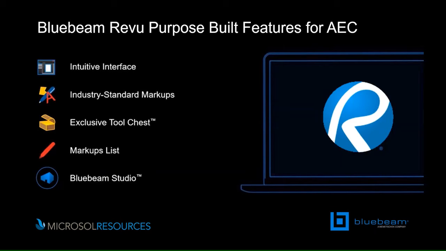Things like itemized takeoffs of plumbing fixtures or electrical equipment, as well as measured takeoffs, things like areas and linear lengths and perimeters of rooms. Because the drawings that you're working with are all to scale, Revu adds the ability to bring in the scale to the drawing.